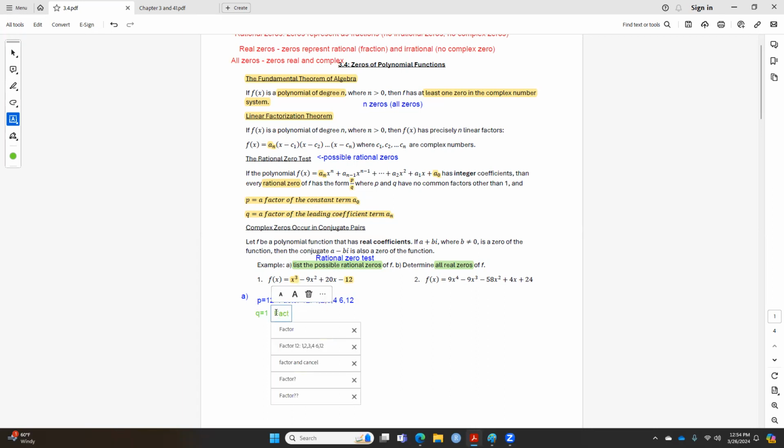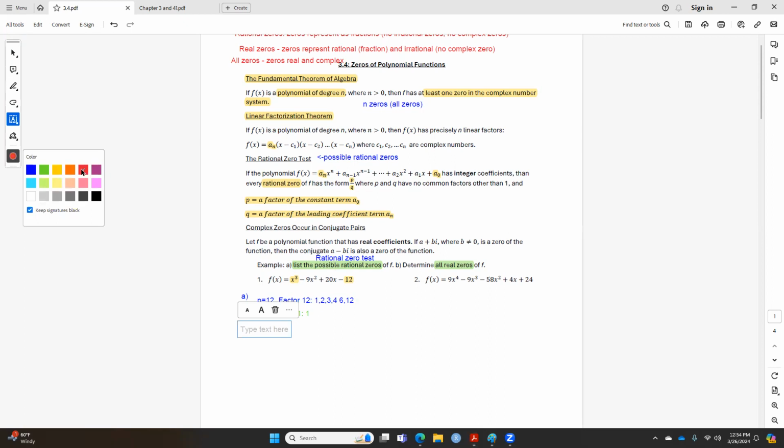And what is the factor of 1? The factor of 1 is just 1, because 1 times 1 is 1. That's the only factor in this case. So what do we do to figure out the list of all the possible rational zeros here?